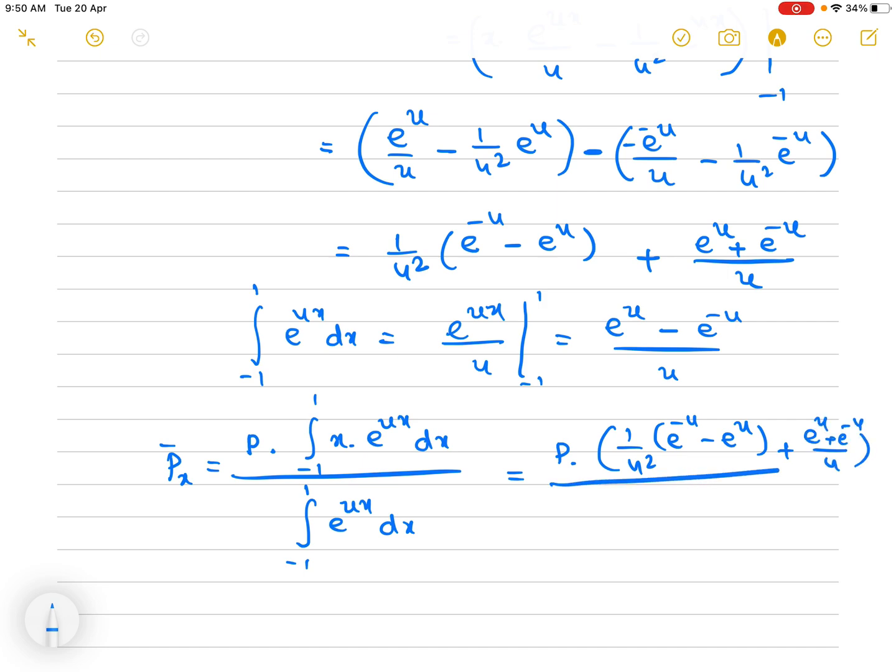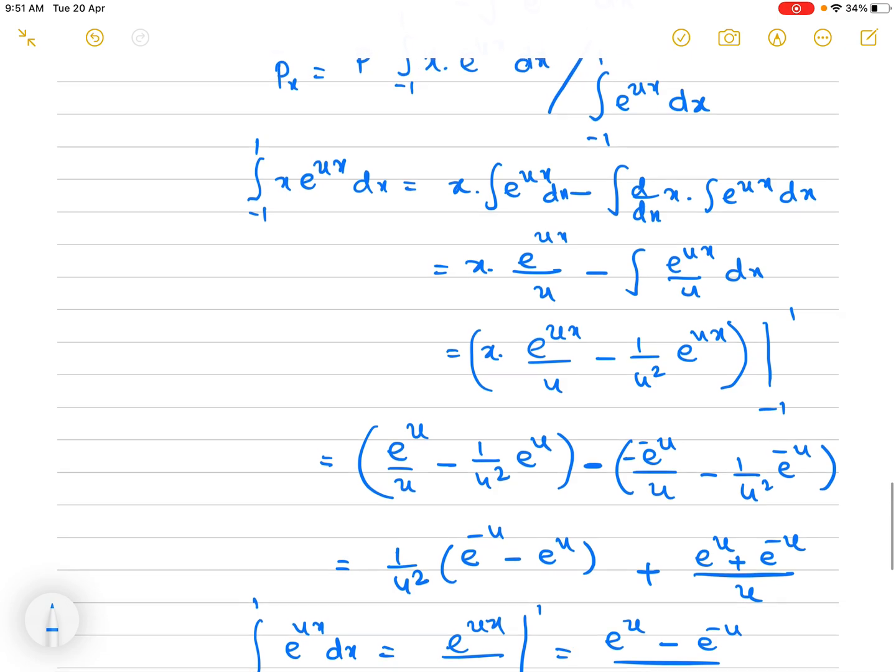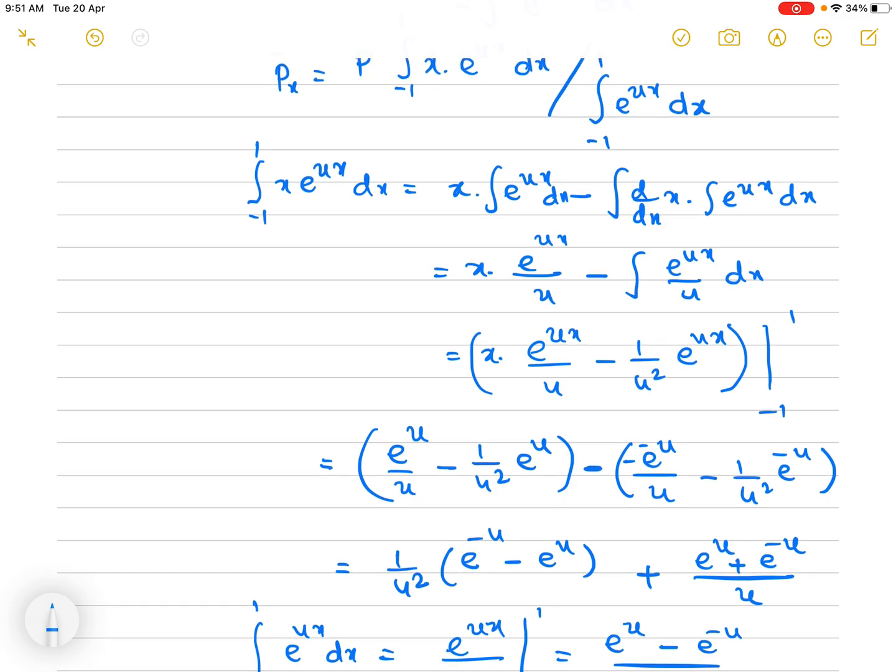So let me check whether I have done this correctly or not. We have plus coming here, and then u square, and then minus into minus plus.